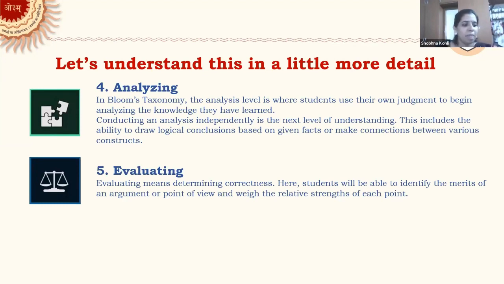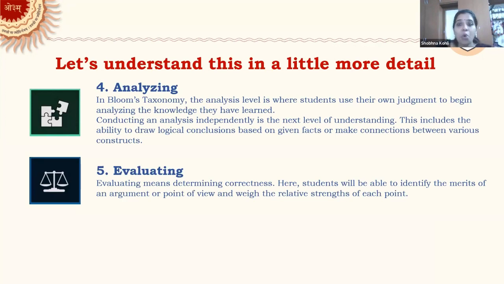Students will be able to identify the merits of an argument and understand the relative strength of each point. Whatever he discusses, whatever he says, he'll be able to justify whether what he's saying is right. You can see in a classroom, when a child comes up with an answer, he'll have some reason behind that, right? Am I right, teachers?